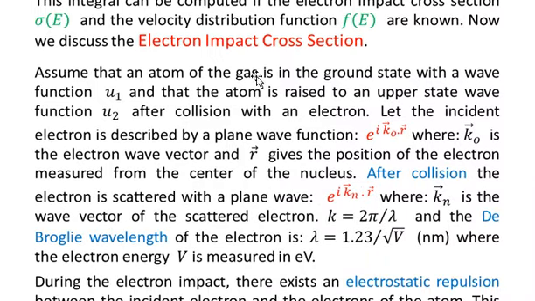Assume that an atom of the gas is in the ground state with a wave function u1, and that the atom is raised to an upper state with a wave function u2 after collision with an electron.